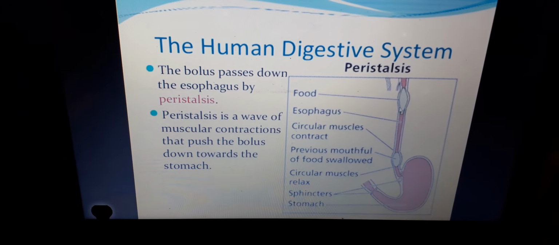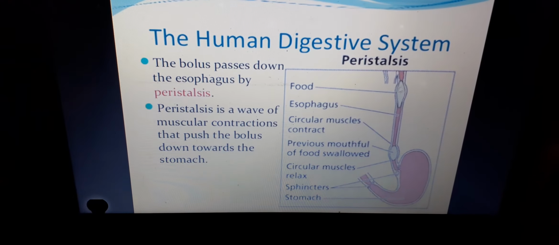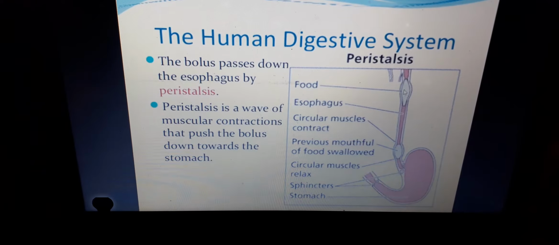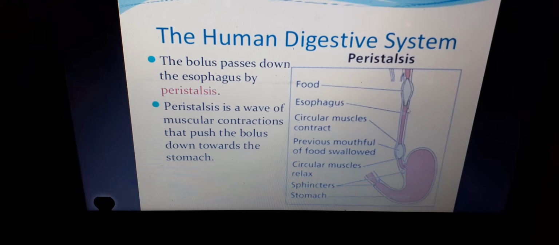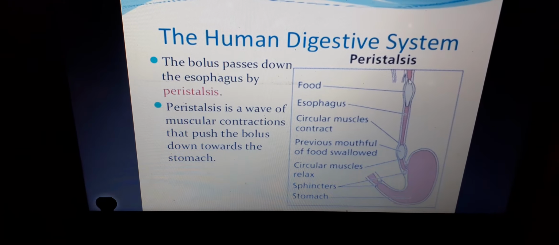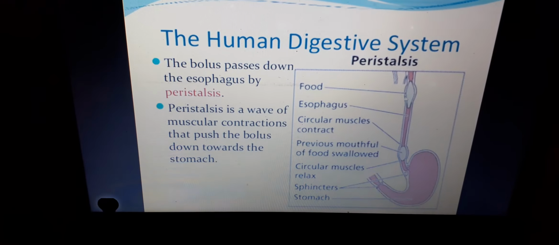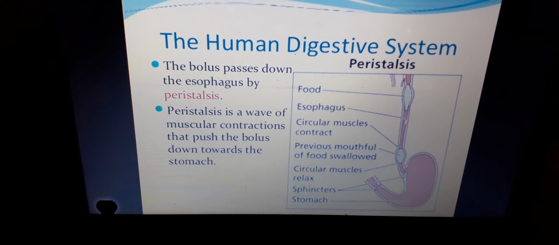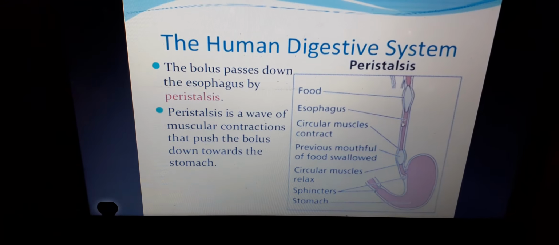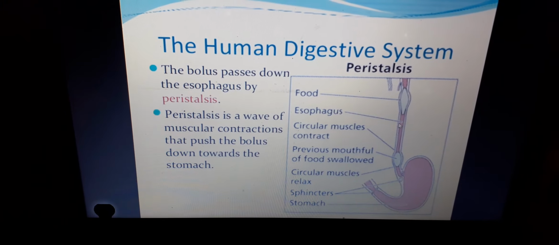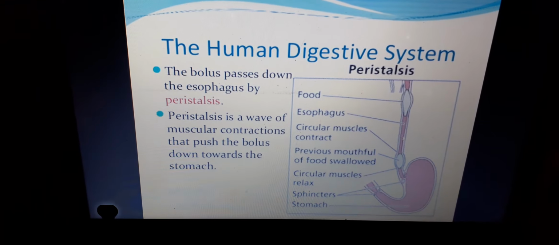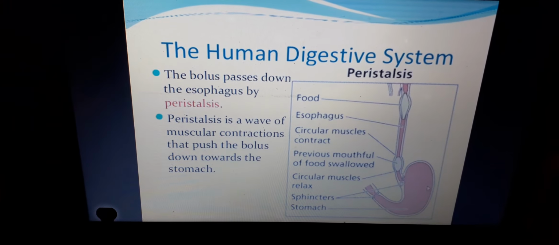Where the food is, you can see the contraction, and just after that the relaxation. Here the muscles are relaxed, and here they contract. By pushing the food down, this is possible with the help of the muscles. Here you can see the food passing down from the esophagus to the stomach.